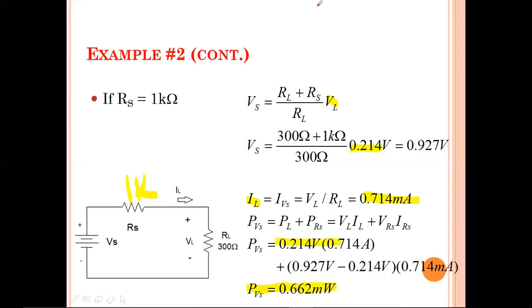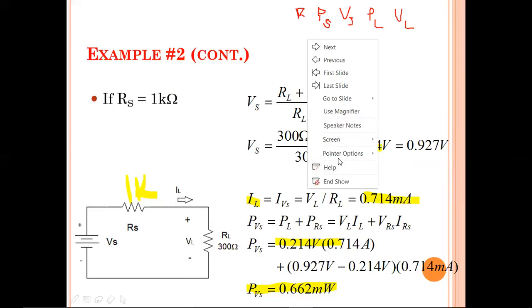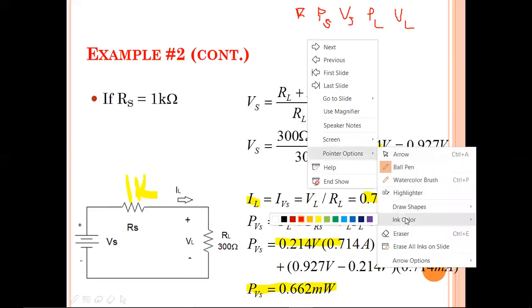First my value of resistance, then power, the supplied power, then my supply voltage Vs, then my delivered power PL, and my delivered voltage VL. Let me change the marker color to blue.